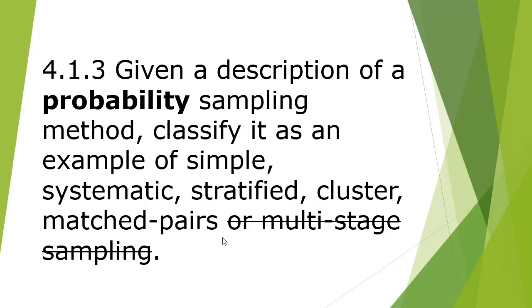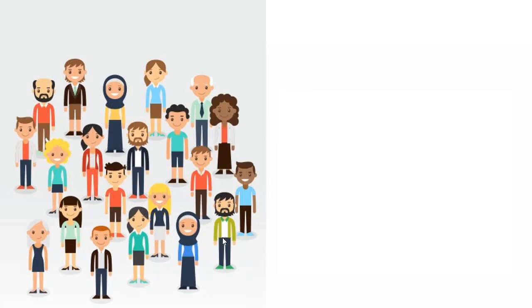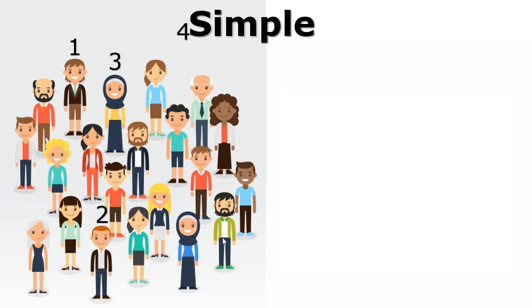And let's take a look then at each of these categories of probability sampling. Okay, so in simple probability sampling, all possible subsets or members of a population or of a sampling frame are given an equal probability to be sampled.